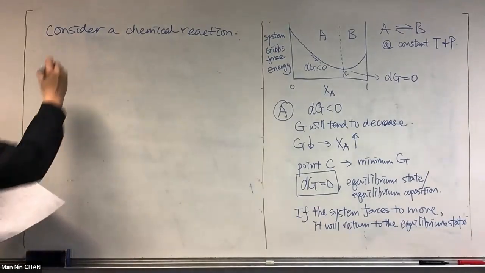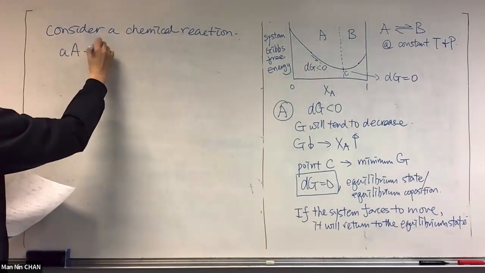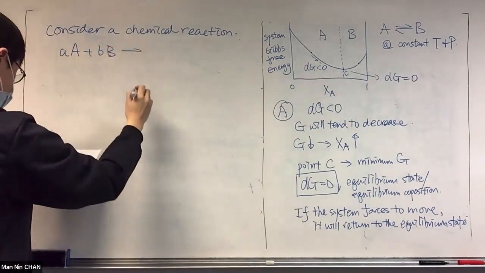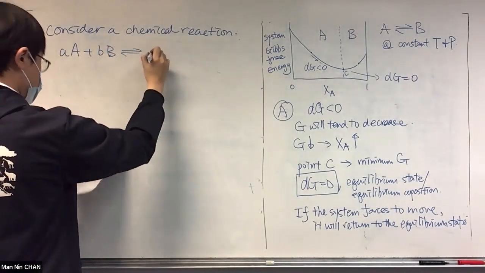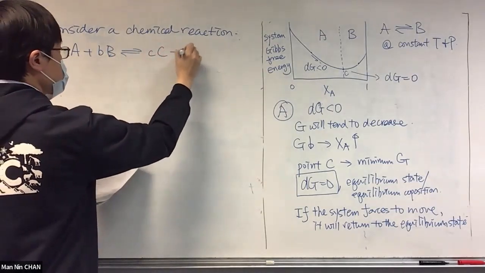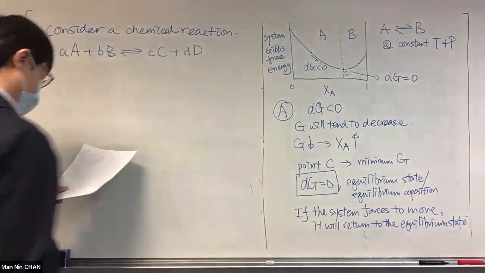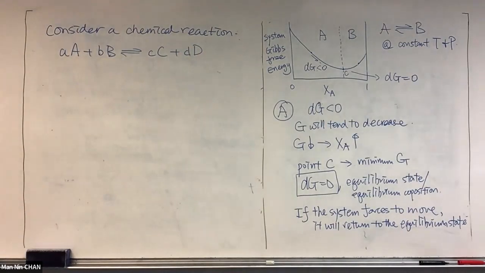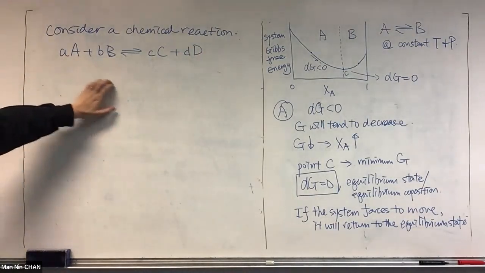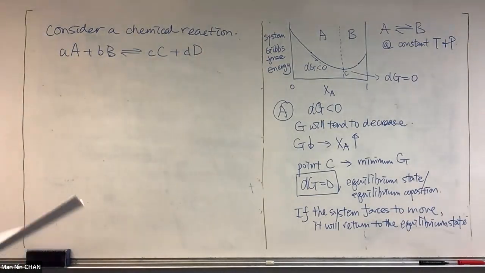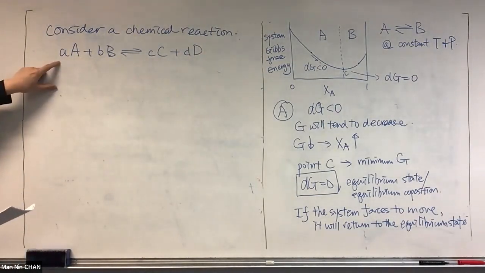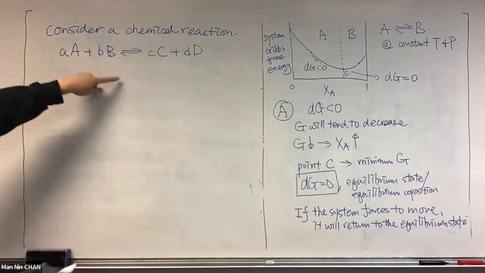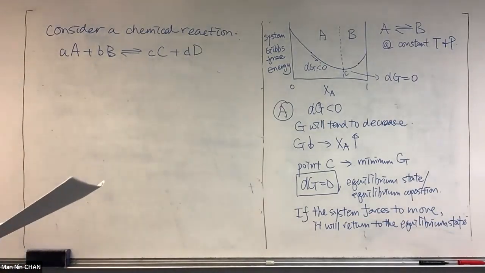Let's say we have an equation, a reaction where A reacts with B and gives you C and D, so it's a reversible reaction. And then you have these lowercase a, b, c, d. We call this the stoichiometric number.